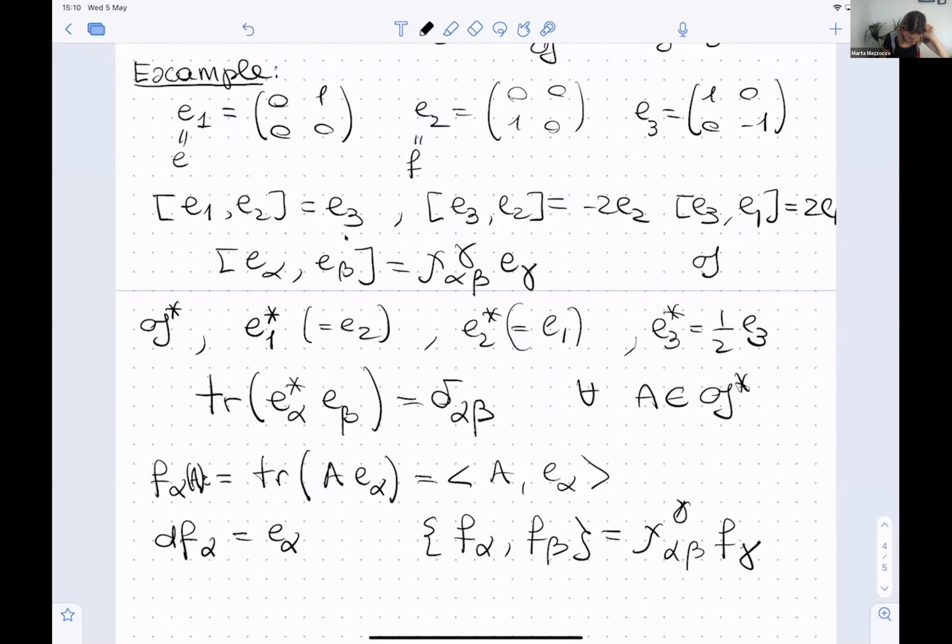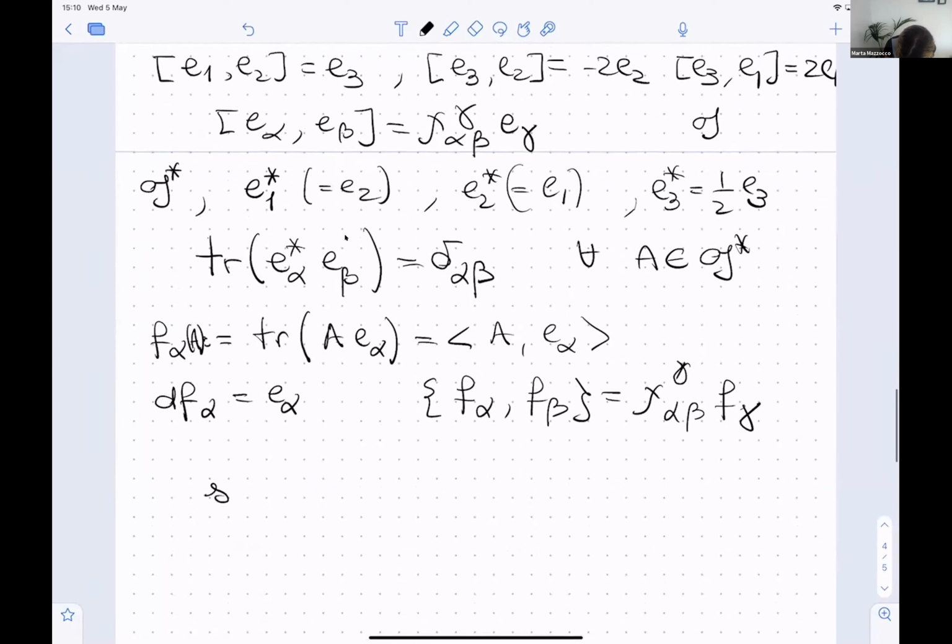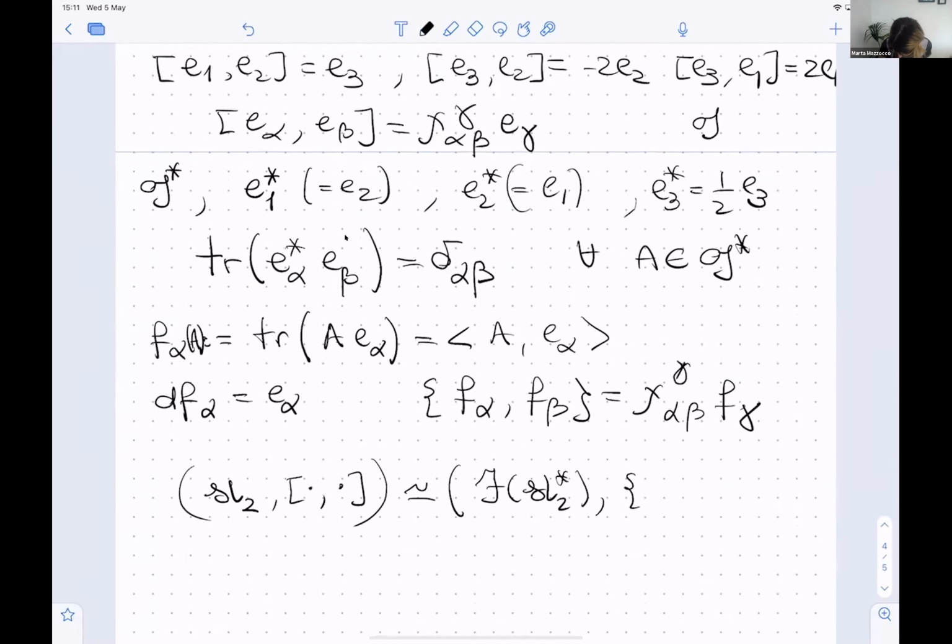Let me write this little theorem. SL2 with the standard Lie bracket is isomorphic to the space of functions on SL2 star with the Poisson bracket, which is called the Lie-Poisson bracket.